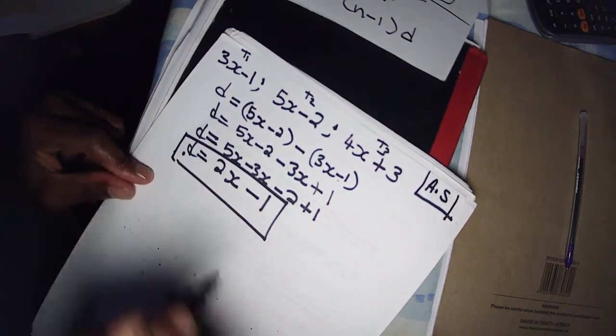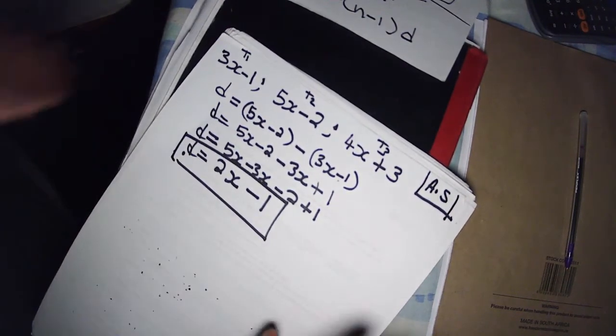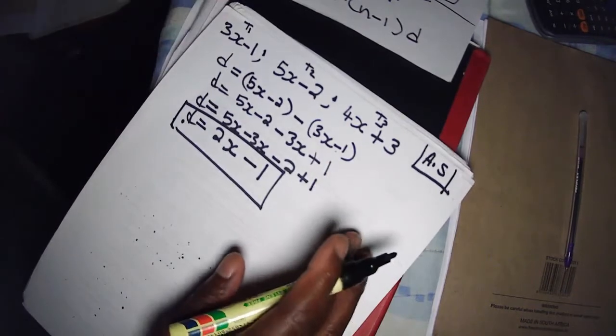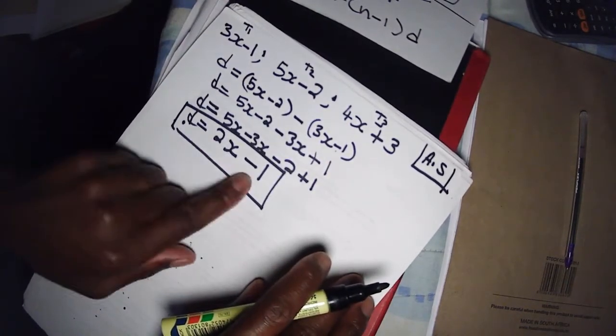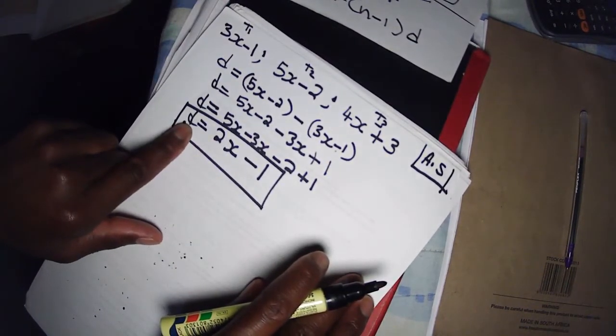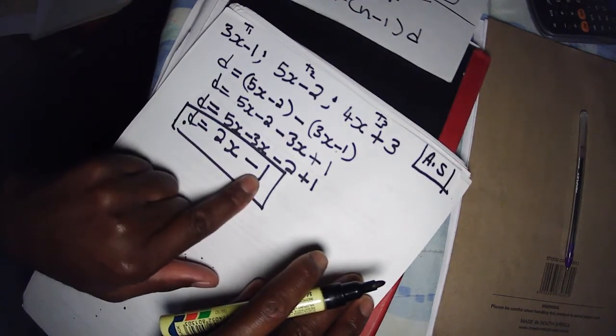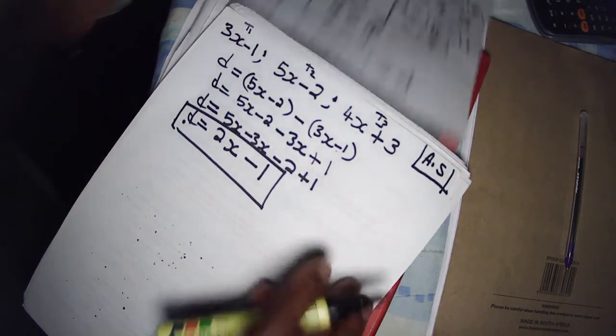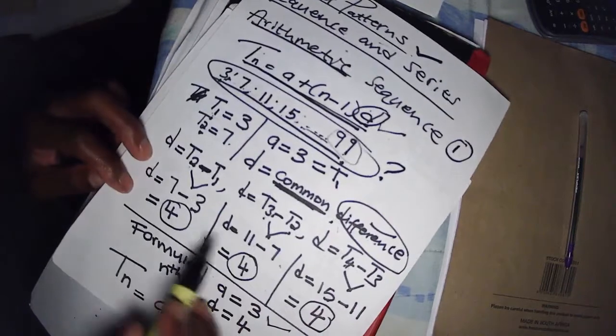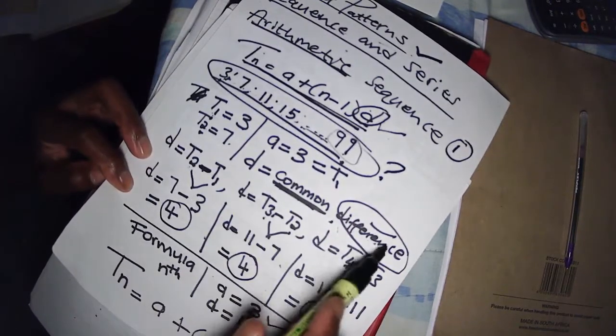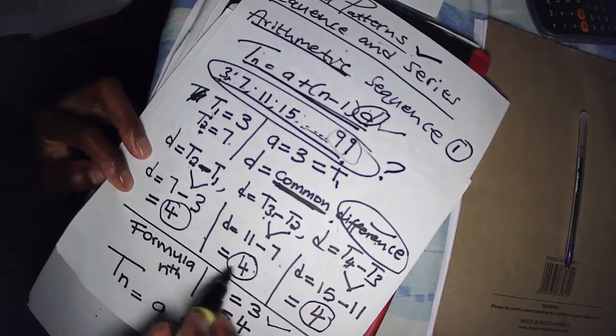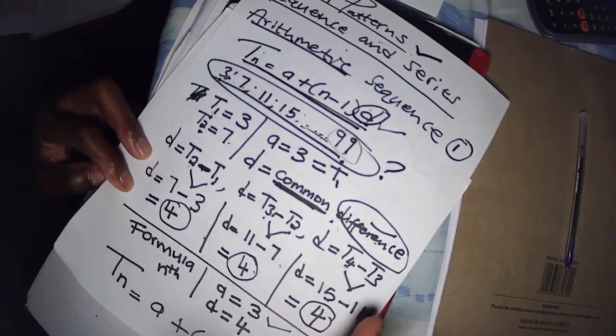This is the common difference, but we have not solved for x. We just found the common difference. It's common because we get the same answer throughout.